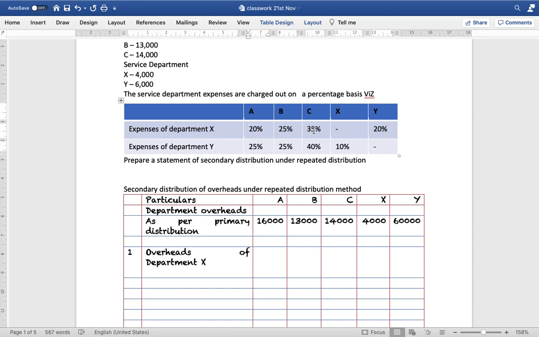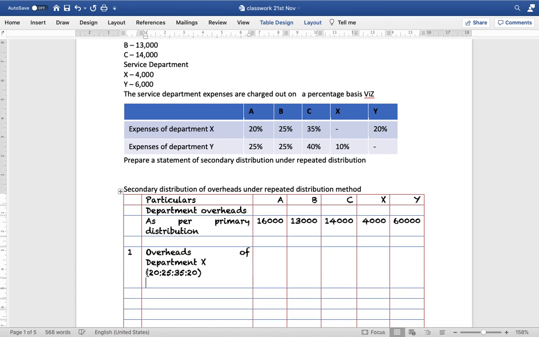Otherwise you can divide it by 5, since these are all commonly divisible by 5. So I am dividing it by 5 and making it 4, 5, 7, 4.